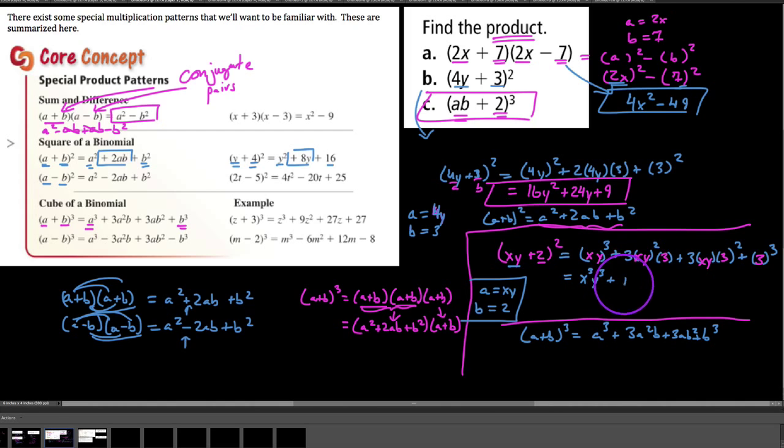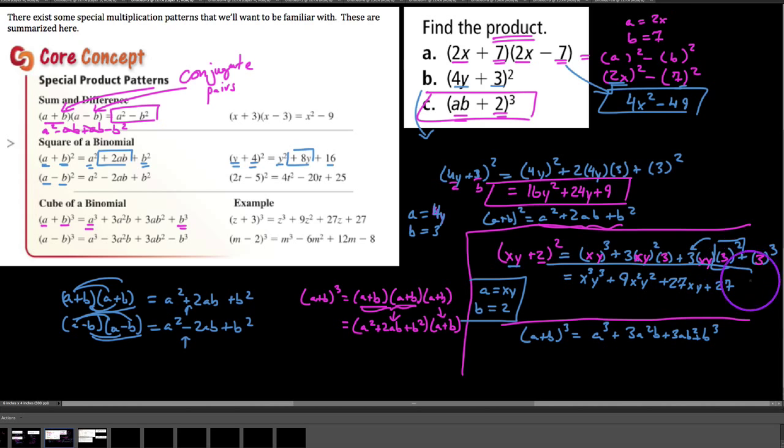The 3 times the 3 gives us a 9. xy times xy would give us x squared y squared. So now over here we have 3 times x times y to the first times 3 squared. So 3 squared, let's do that first. We would get 9 times 3, so we'd have 27 as our coefficient, xy. And then 3 cubed is 3 times 3, which is 9, times 3 is 27.